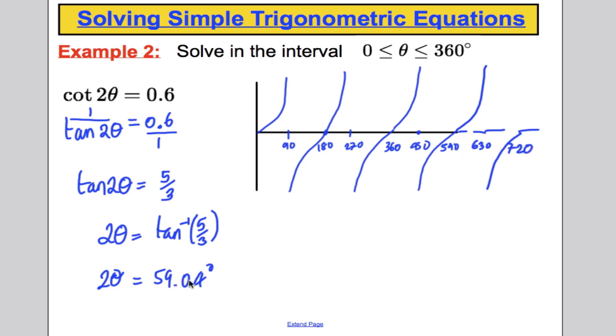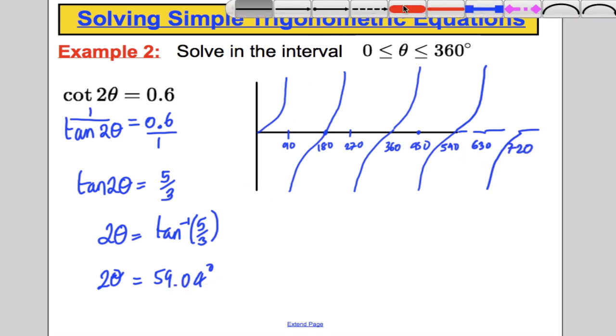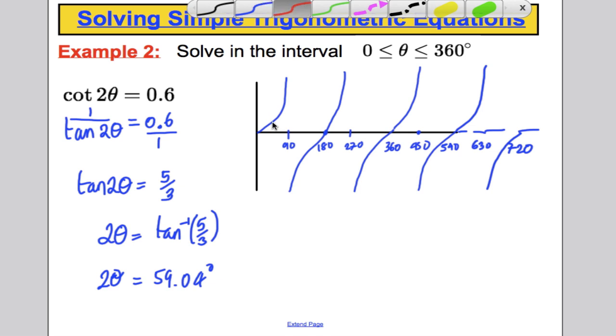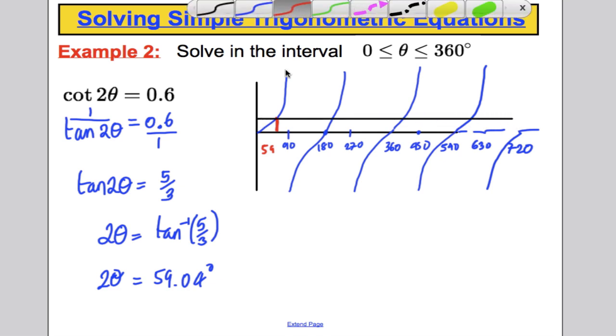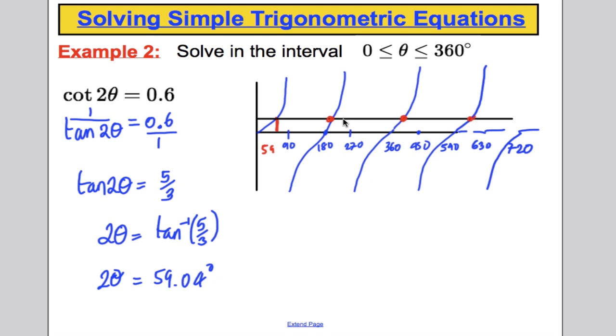Okay, now 59.04 degrees. Where are the values for that? Well, let's draw it in here. This would be about here, 59 degrees, and there will be other values for it along here. So there will be a value here, a value here, and a value here. So 2 theta, therefore, let's continue on.